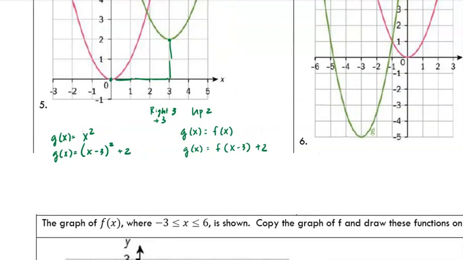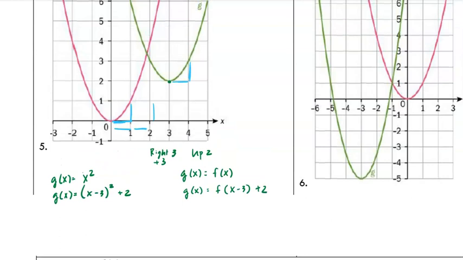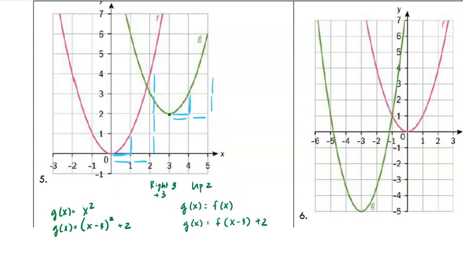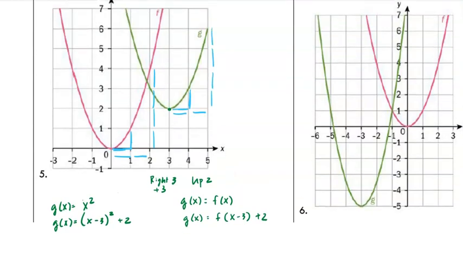Okay, now let's figure out the dilation, if there was any. Okay, right 1, up 1. Right 2, up 1, 2, 3, 4. No dilation whatsoever. Okay? Good job.